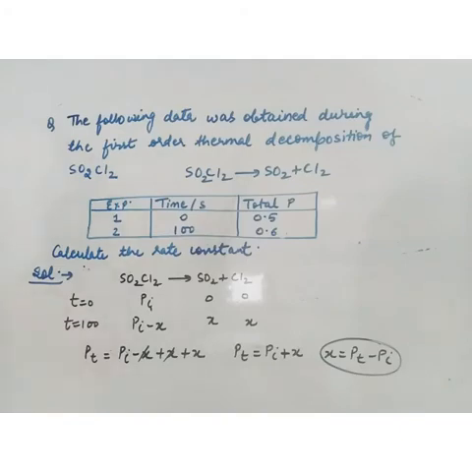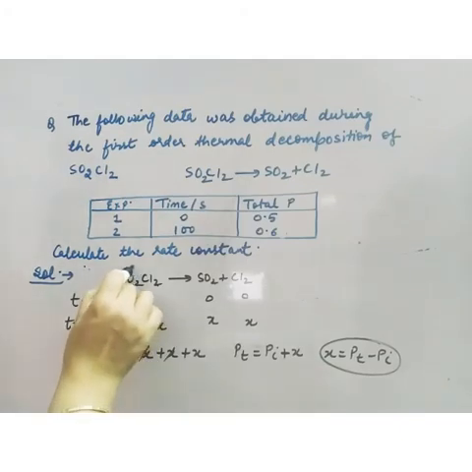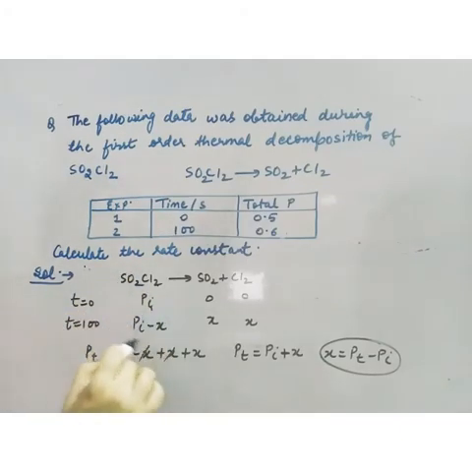Now, what is the final pressure? Pi minus X. This is the initial pressure. And suppose I want to write the integrated expression, so the integrated expression will be like this. Now in place of initial concentration, your initial pressure will come, Pi. And in place of final concentration, the final pressure.